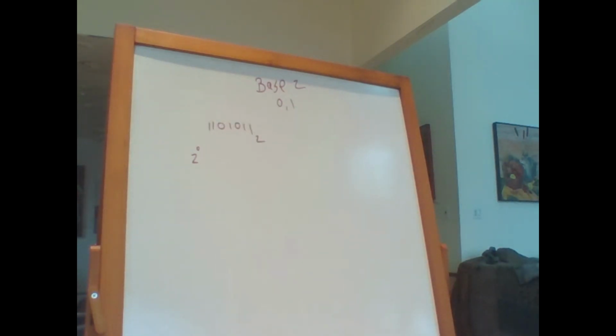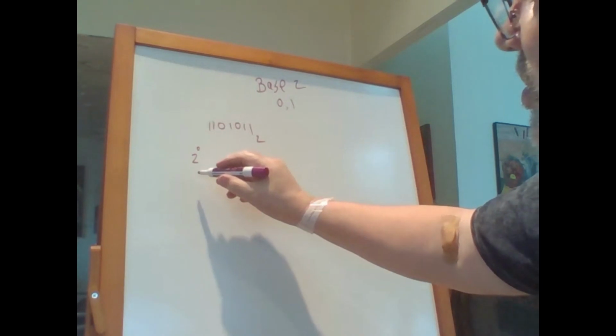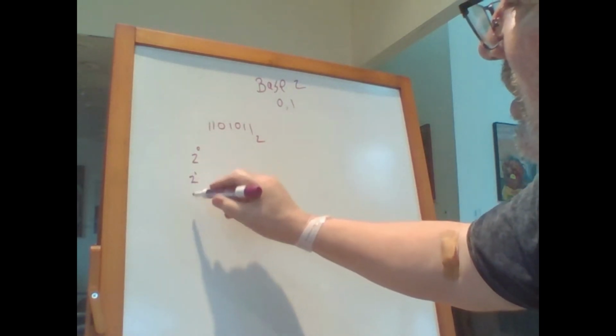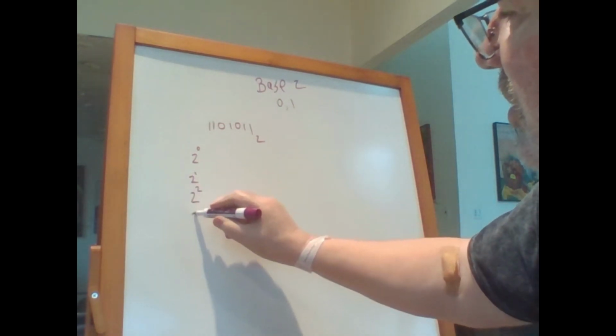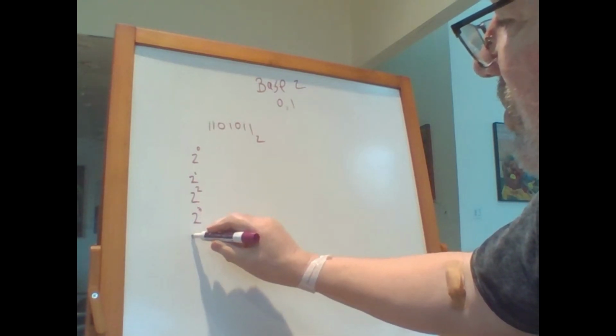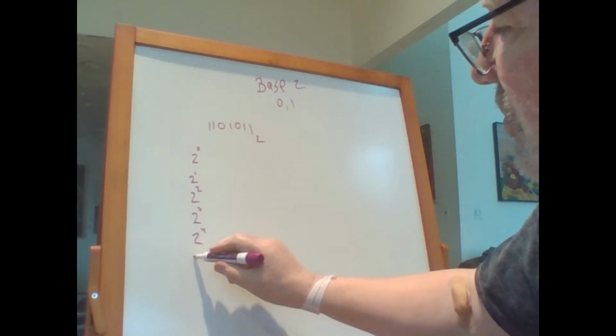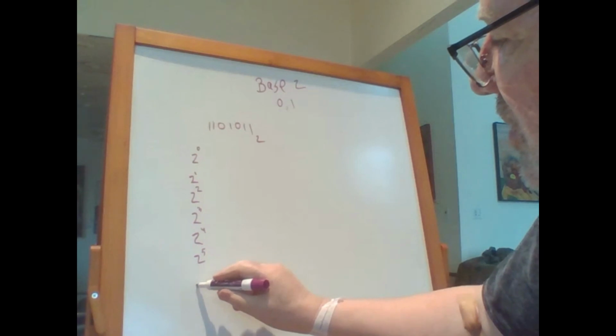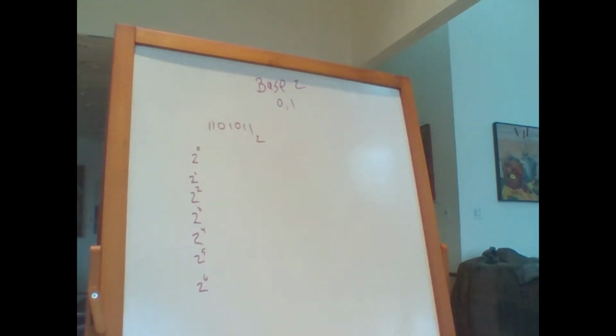So this is 2 to the 0, 1, 2, 3, 4, 5, 6. So we got to go 2 to the 6. 2 to the 1, 2 squared, 2 to the 3, 2 to the 4, 2 to the 5th, 2 to the 6.